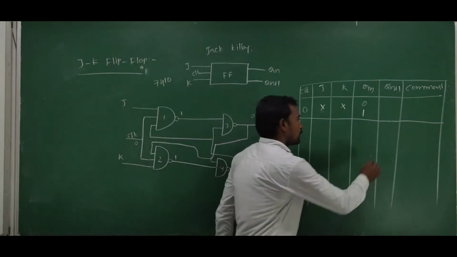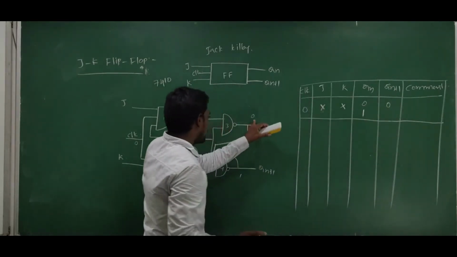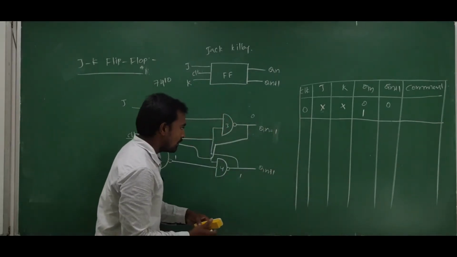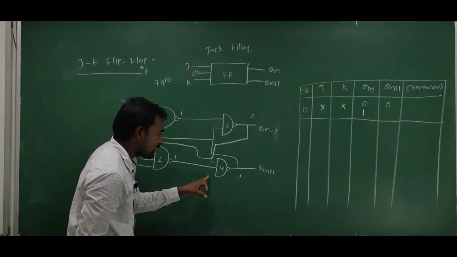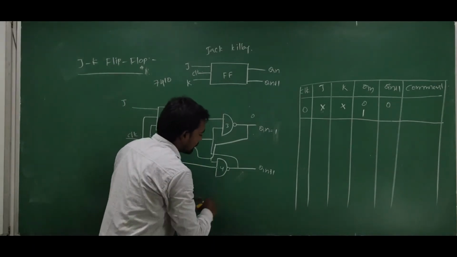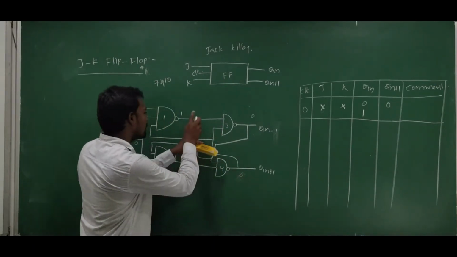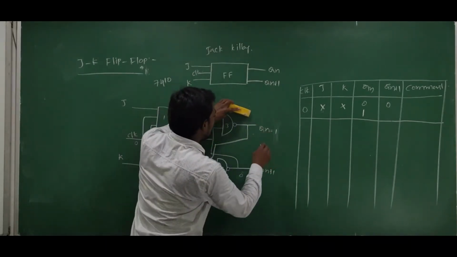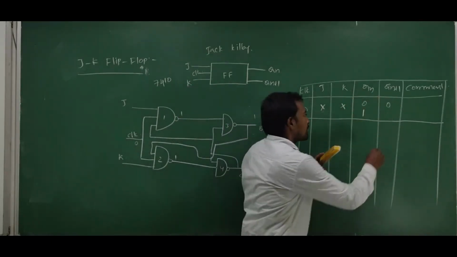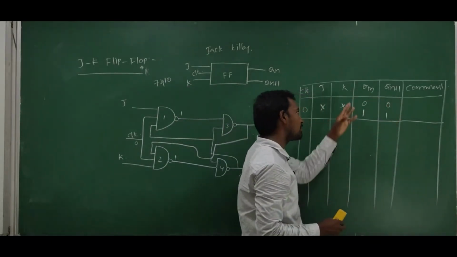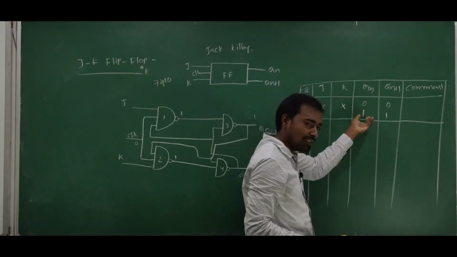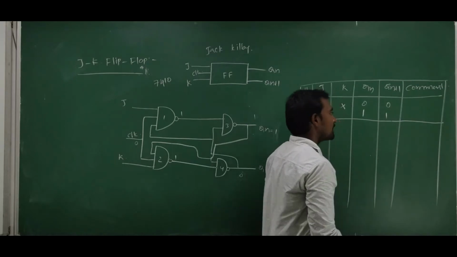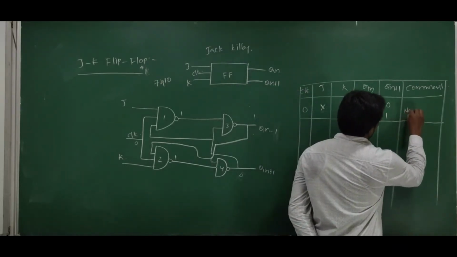So here output is equal to 0. And if Qn is equal to 1, 1 cross 1 is equal to 1, complement 0, and 0 cross 1 is equal to 0, complement 1. So the Qn plus 1 output depends upon Qn, whatever inputs we give, we get the same output.